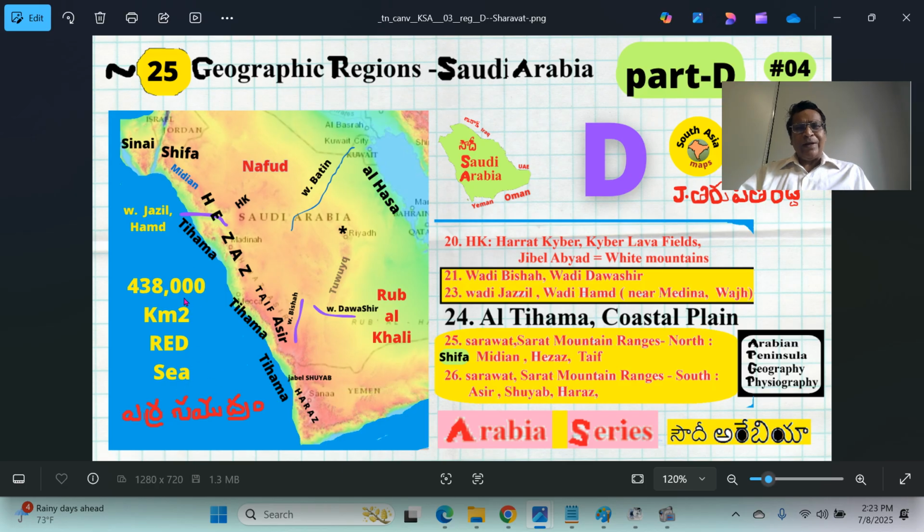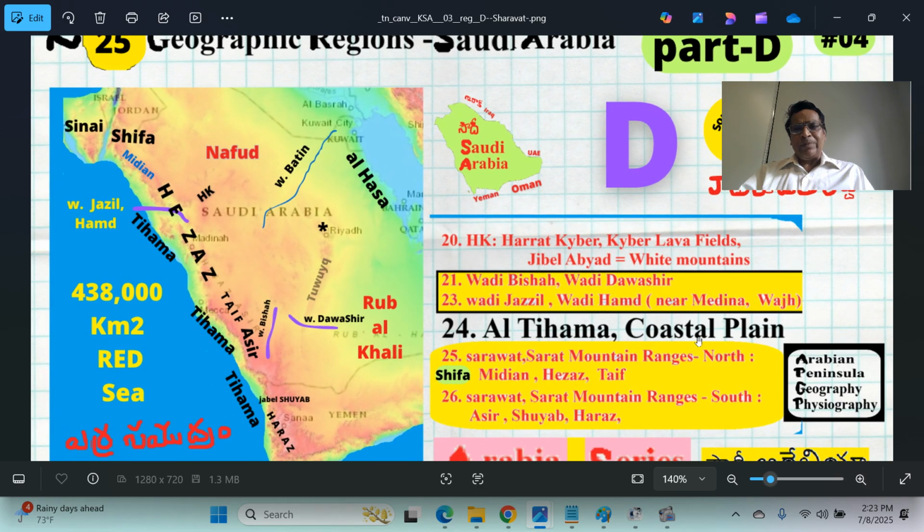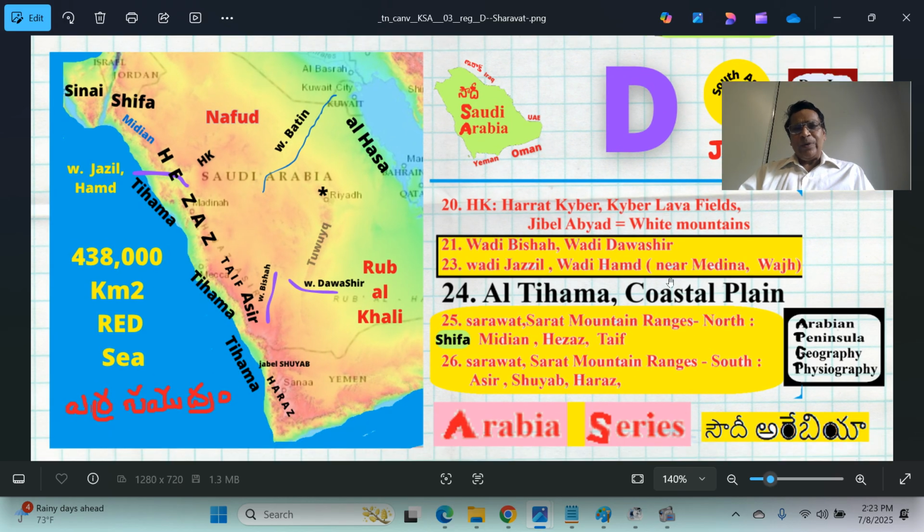So this is the Great Rift Valley region. East of that, the Tihama Plains, around 10 to 50, 60 kilometers or so. Tihama Plains, the coastal plains west of the Hejaz and the Asir historic regions and Yemen historic regions.